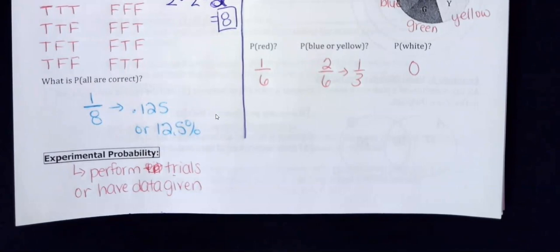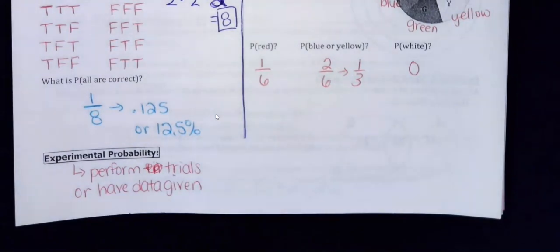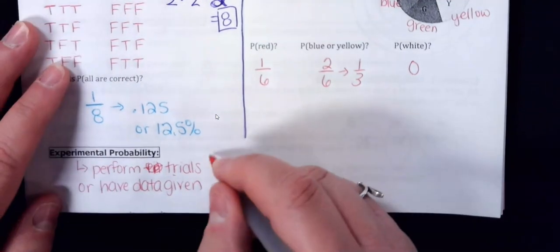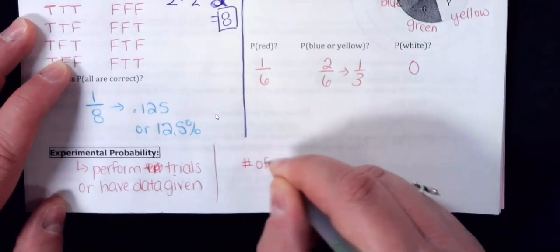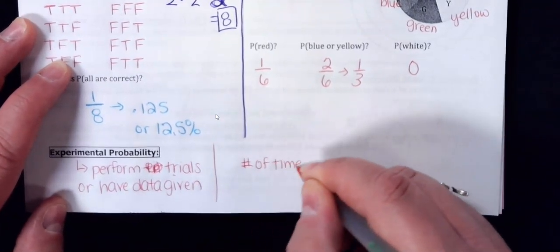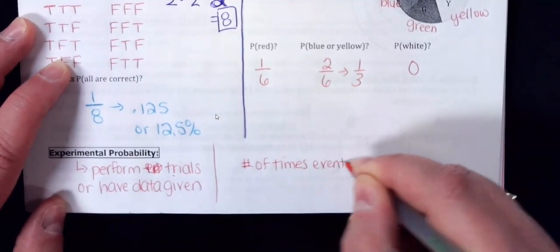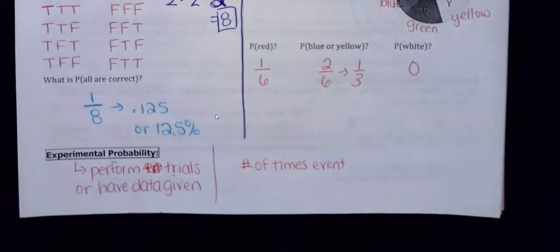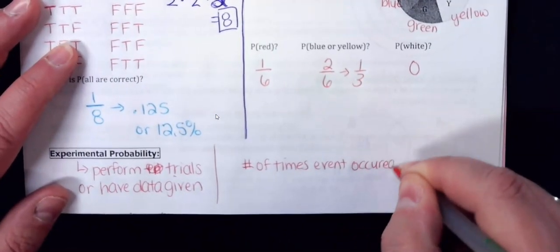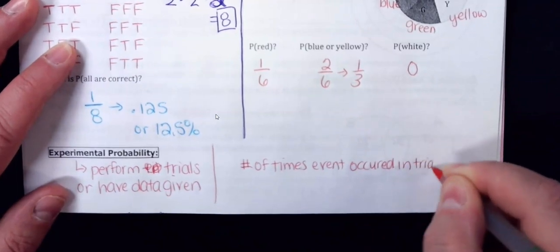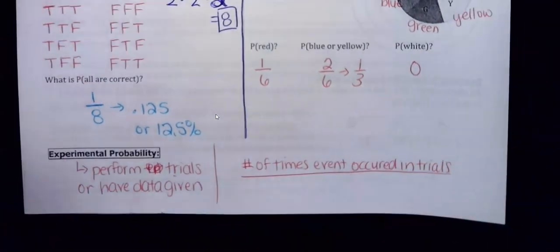So like if I mean a trial, like let's say I took a coin, I flipped a coin 10 times, and I got heads 6 times, and I got tails 4 times. Then the experimental probability, how you would actually figure it out, is the number of times your event occurred in the trials divided by the number of times you did the trial.